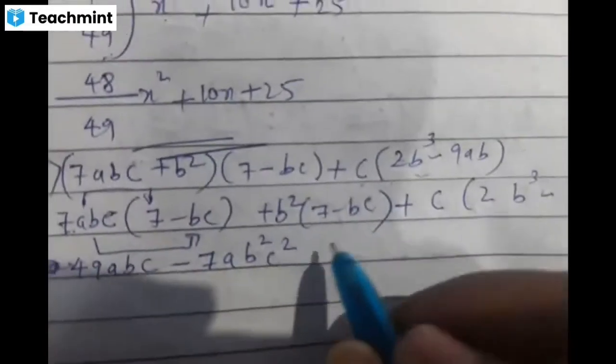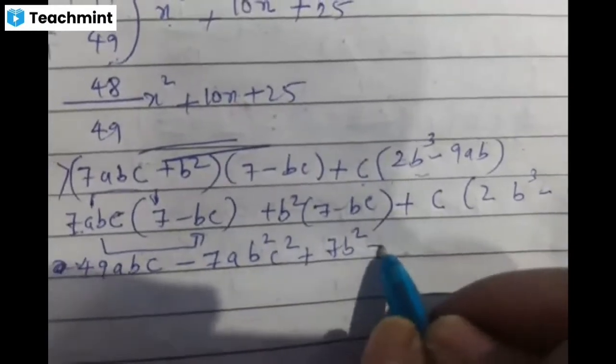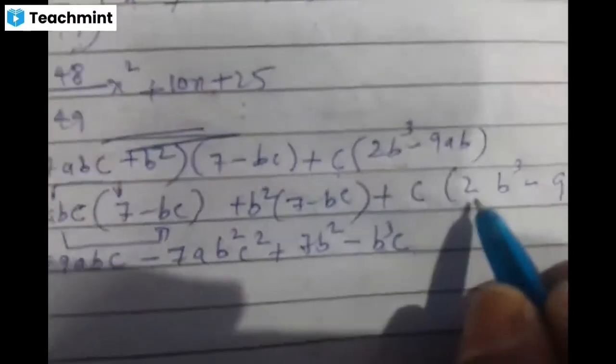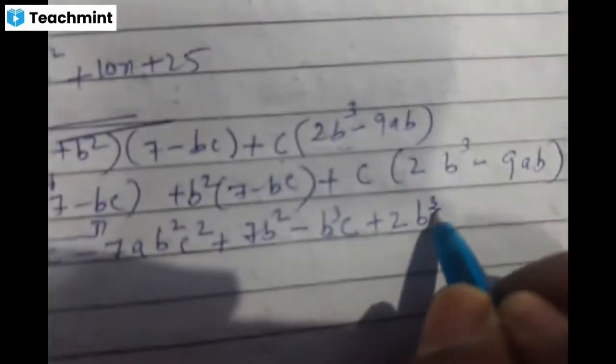Children, next is plus 7b square, minus b cube c. Then in this bracket, plus 2b cube c, plus into minus is minus 9abc.